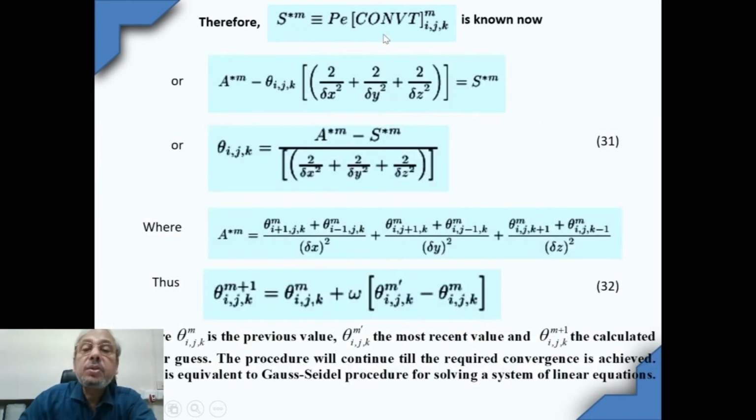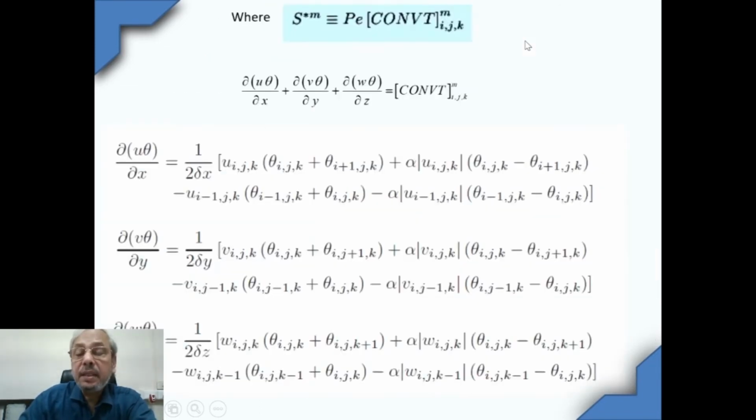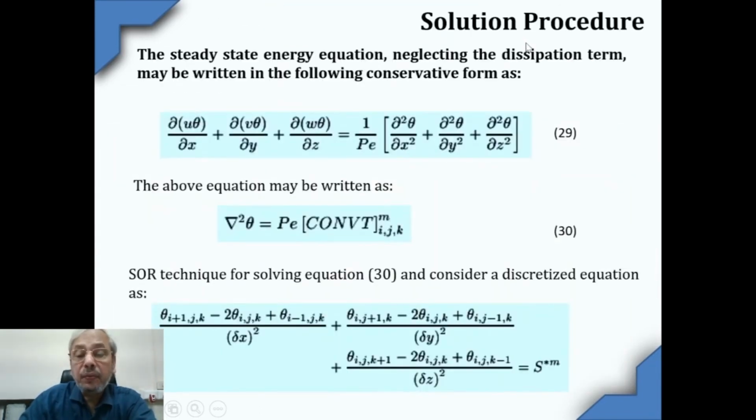Now, S star m is equal to this, and this is known. Now, let us go back again, don't confuse, go back to equation 30. So this term we have evaluated.